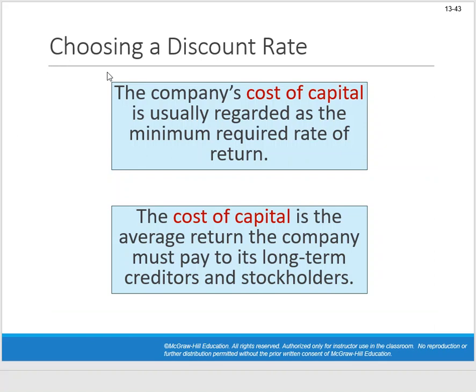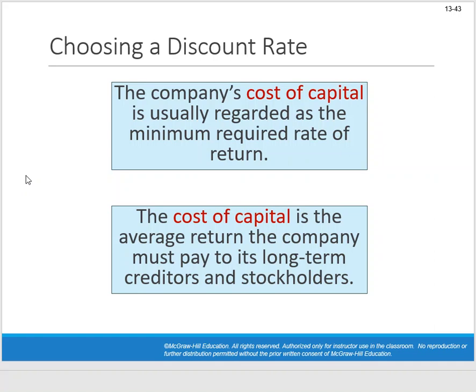So where does this discount rate come from? So the company's cost of capital is usually regarded as the minimum required rate of return. And the cost of capital is the average return the company has to pay to its long-term creditors and stockholders. So how much does it cost the company to acquire financing, long-term financing from lenders or from stockholders? There's a cost to doing that, whether it's interest or having to pay out dividends.